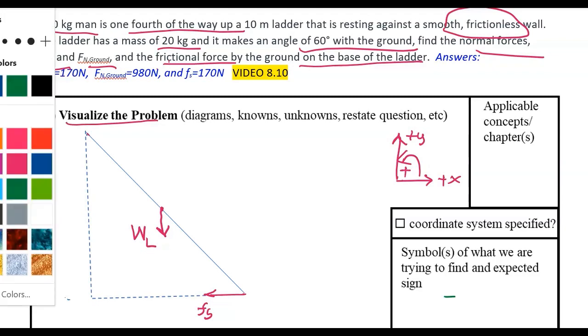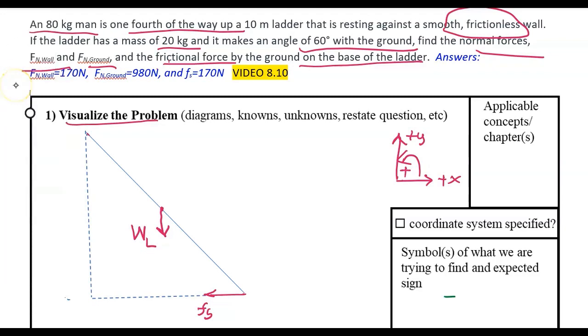And the weight of the ladder is at the center because we assume the ladder is uniform. Therefore, the center of mass is located at the midpoint of the ladder, so the distance should be L by 2. And the next force is the weight of the person on the ladder.